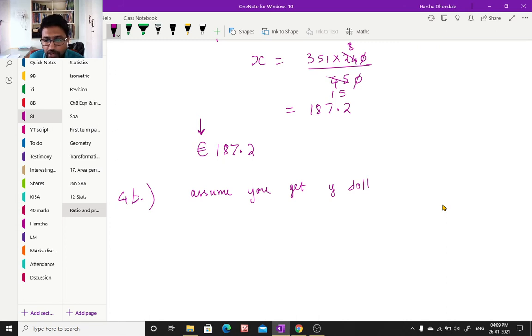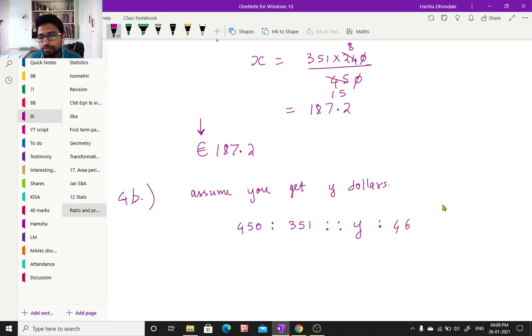Now let us go back to the question. $450 gives me 351 euros. This is the first statement in the question. Now, y dollars gives me what is the B part of the question?